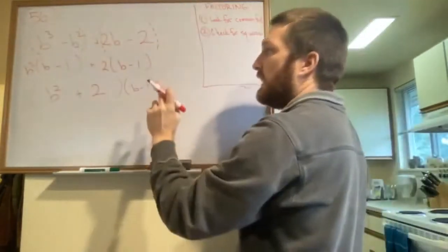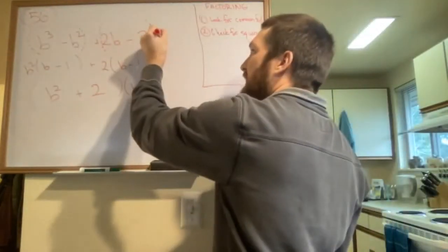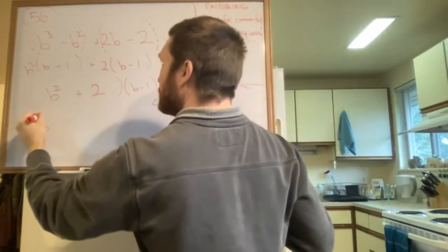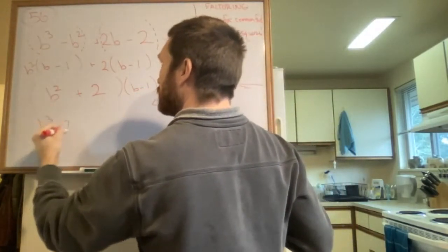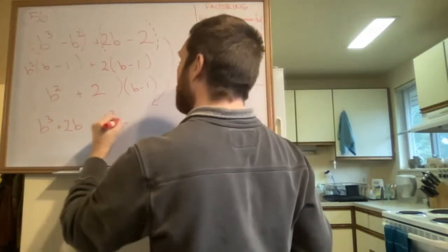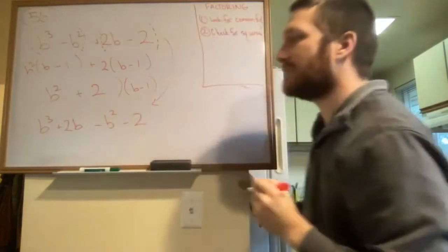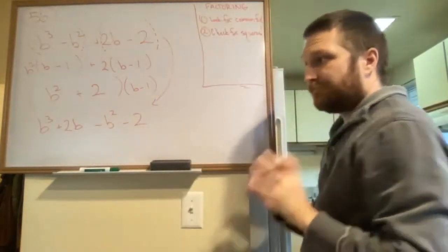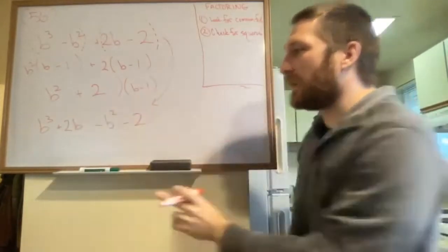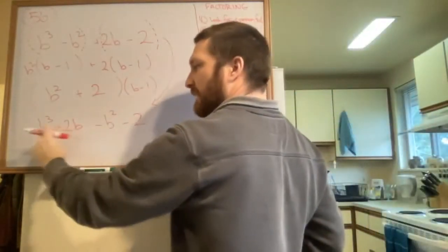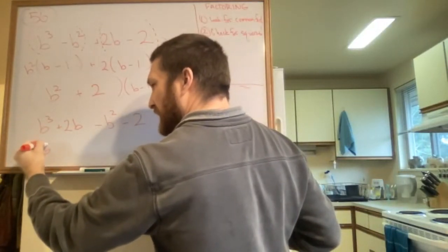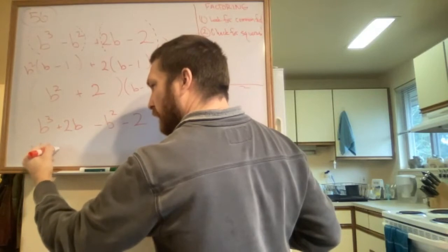You might have taken this original problem right here and regrouped b cubed plus 2b minus b squared minus 2. Oftentimes this is one of the ways to do it. We regroup like this and say, okay, I could pull a b out here like that, and I get b squared plus 2.